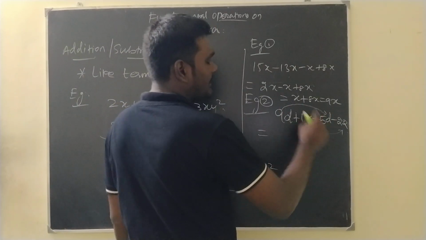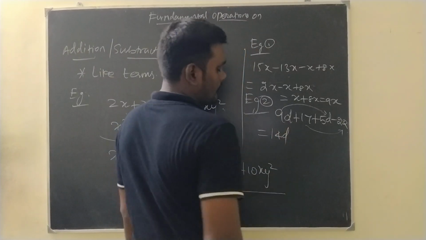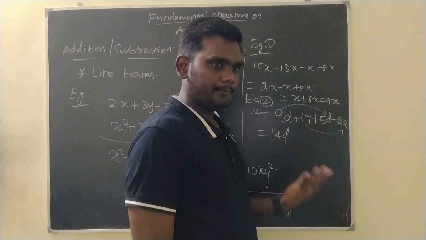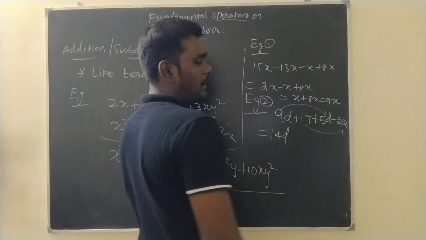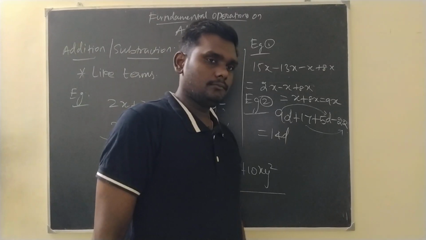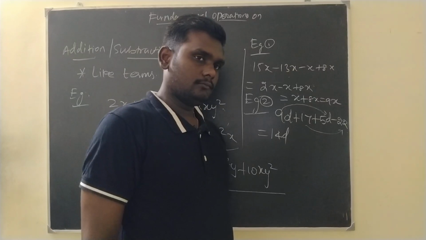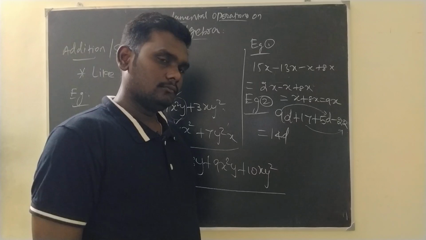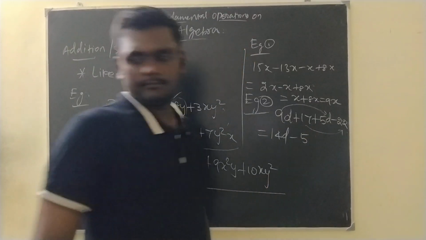Okay, then 9d plus 5d, in total we have 14d. Then 17 minus 22, it is minus 5. Yes, good. That is it.